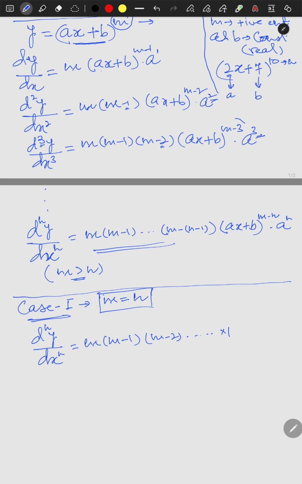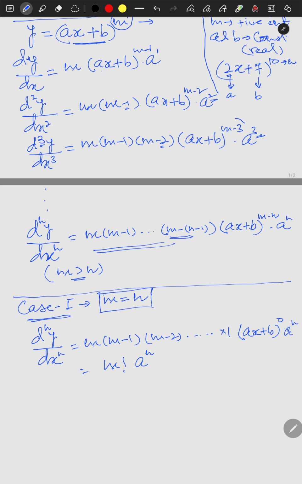Since m and n are the same, the factors cancel out and we are left with only 1 here. And since m is equal to n, we are having (ax plus b) to the power 0, and this is a to the power n. So this is m(m minus 1)(m minus 2) up to 1, which is simply m factorial a to the power n, right?